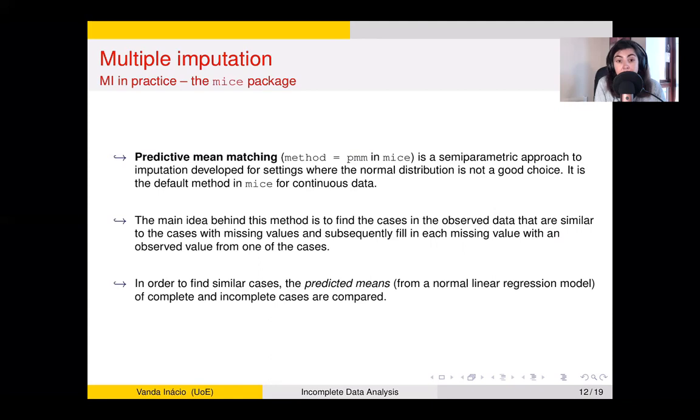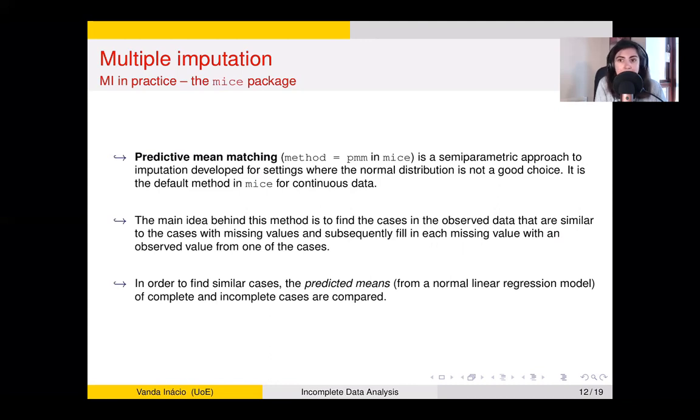So basically we fit a normal linear regression model to our complete cases. Then we predict the mean not only of the cases with missing values, but also of those with observed values.